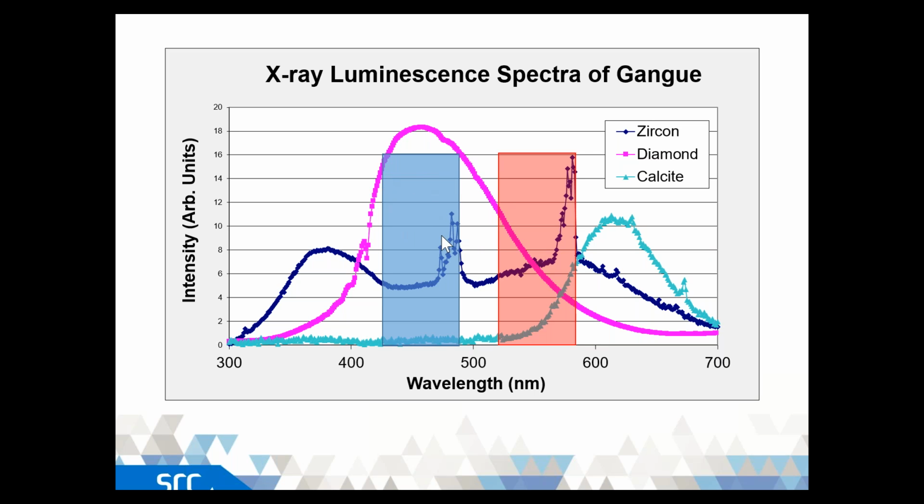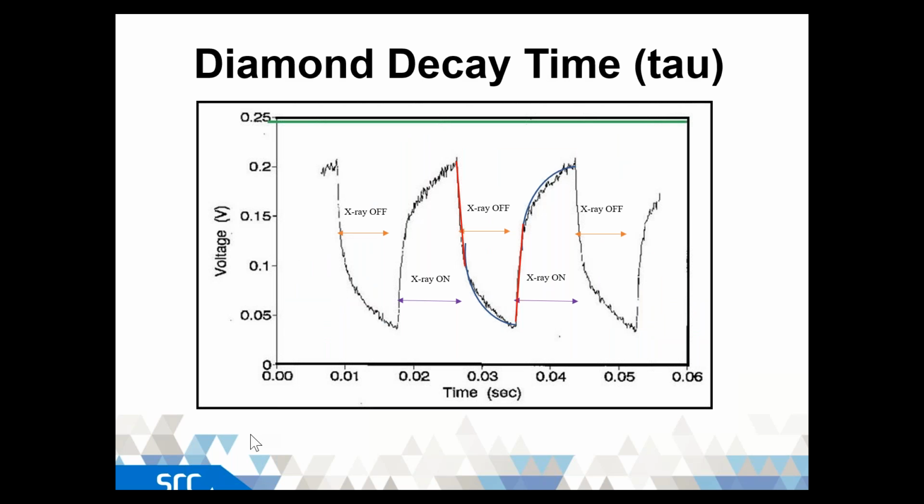And so these rectangles here are filters that you can insert into that machine to then mask those response times from the unwanted minerals. But again, it's a matter of what wavelength you need to insert those filters in to be able to still detect the diamond intensity.